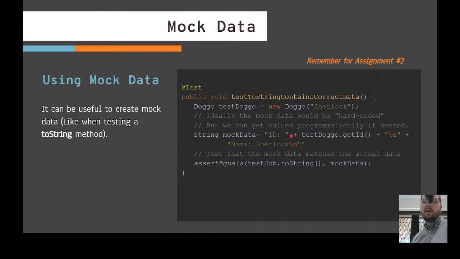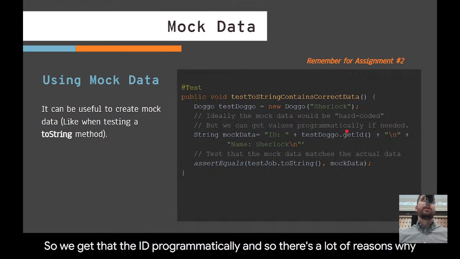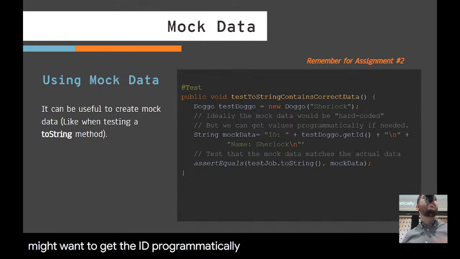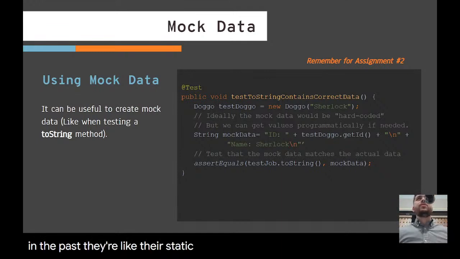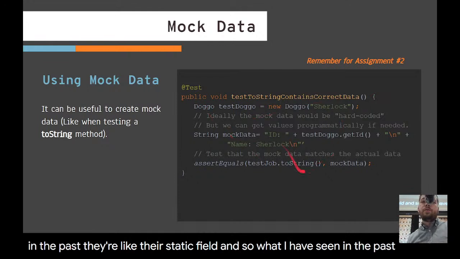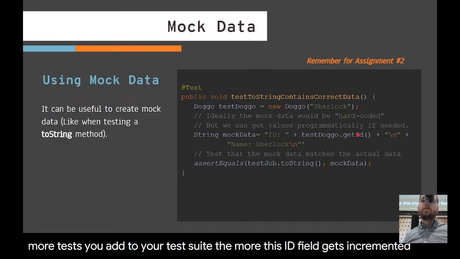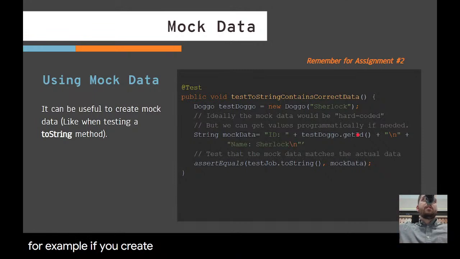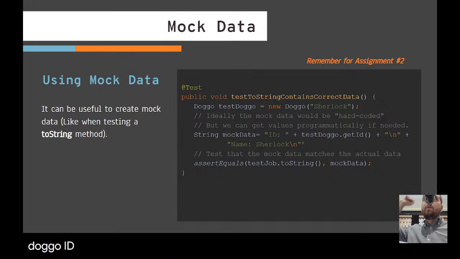All right, cool. So we get the ID programmatically. And there are a lot of reasons why we might want to do that. If you think about how we've set IDs in the past, they're a static field. And what I have seen in the past is the more tests you add to your test suite, the more this ID field gets incremented. So for example, if you create 5 instances of doggo across a bunch of tests, the doggo ID is going to increment with each one.